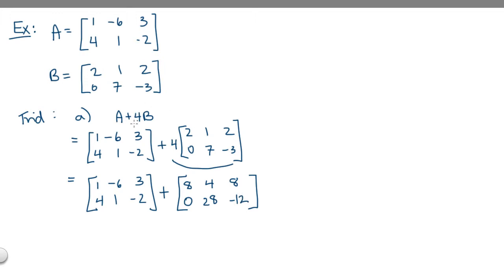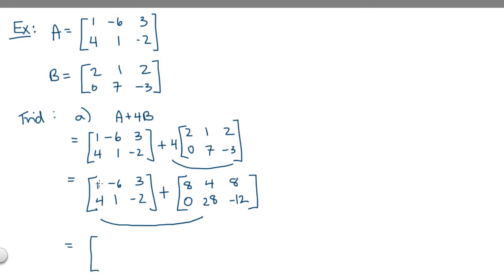Okay, so that tells us how to multiply any number times a matrix. Now that we've got that part done, we can do the matrix addition. What we're going to do here is just add the corresponding elements together.